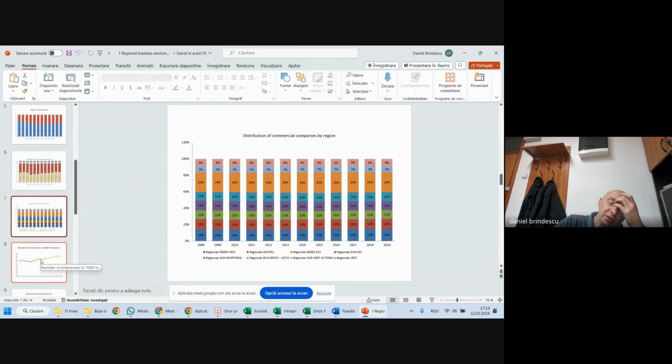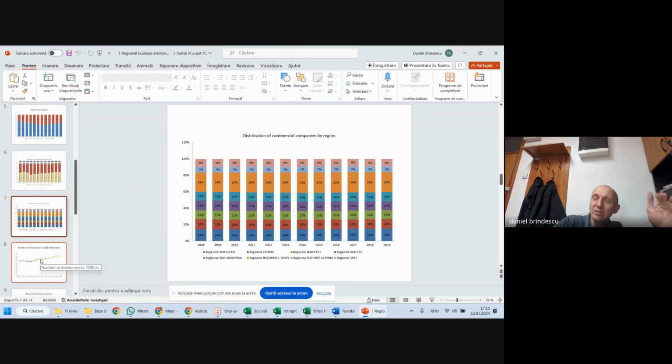In fact, as the region contains the four counties, Timiș, Arad, Caraș-Severin and Hunedoara, there are significant differences between those four counties, with Timiș being the most developed one, and as such, the number of companies in Timiș is a lot higher than the number of companies in the other counties.